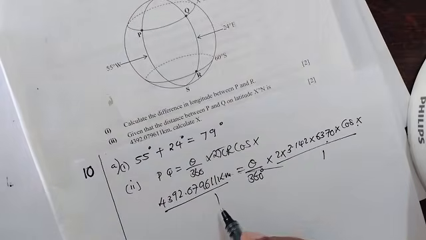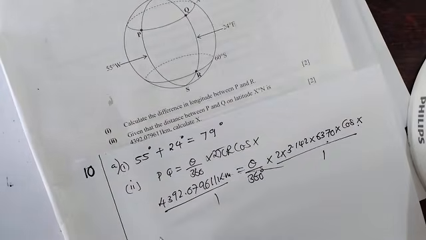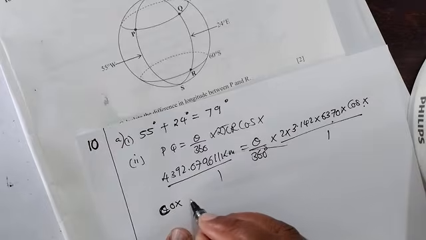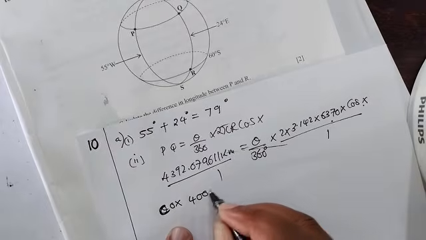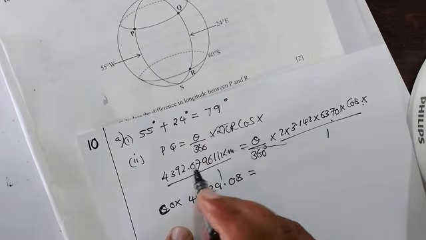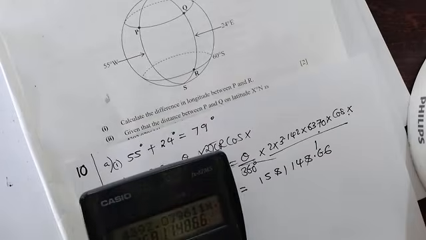So you are going to say theta cos x, then there is 40029.08 is equal to, when you multiply this, what do you get? This is what we get.